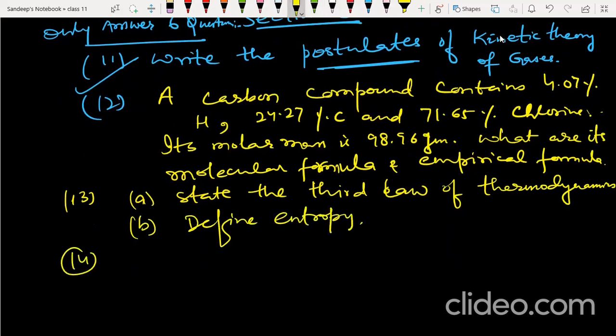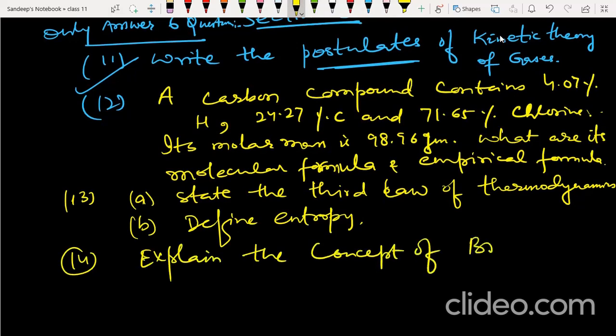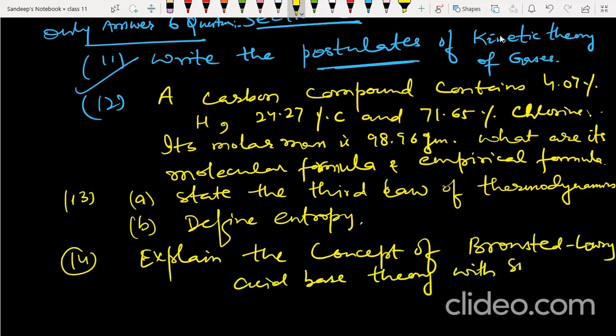Question 14, explain the concept of Bronsted-Lowry acid base theory with suitable examples. A very easy concept from ionic equilibrium.